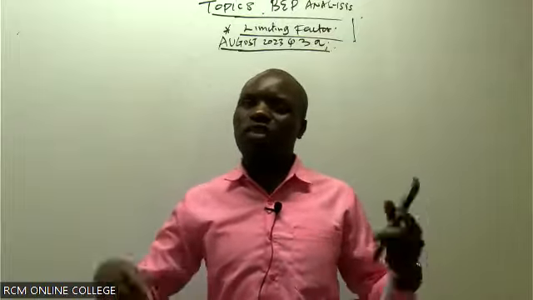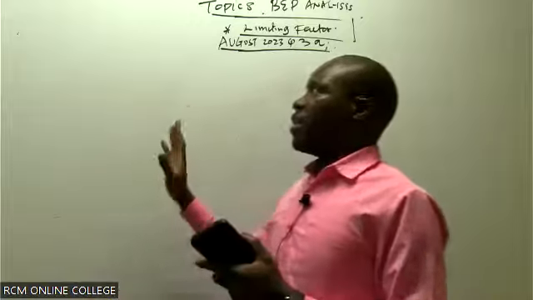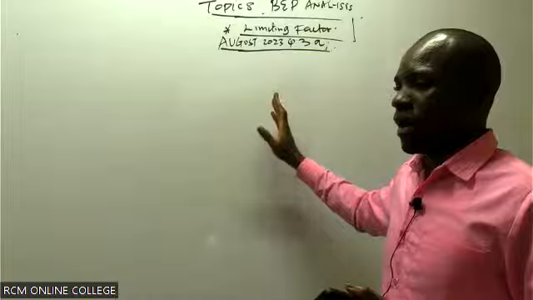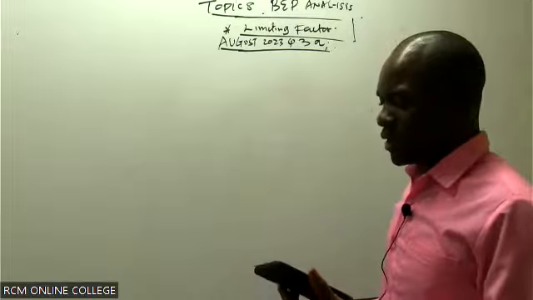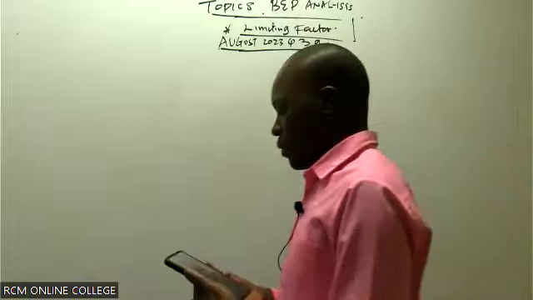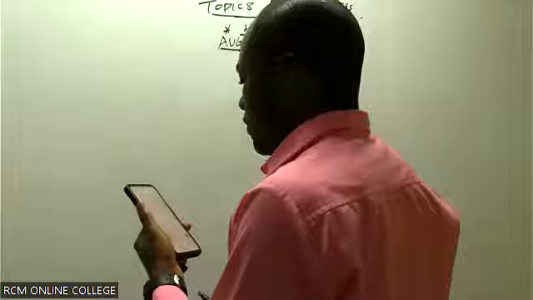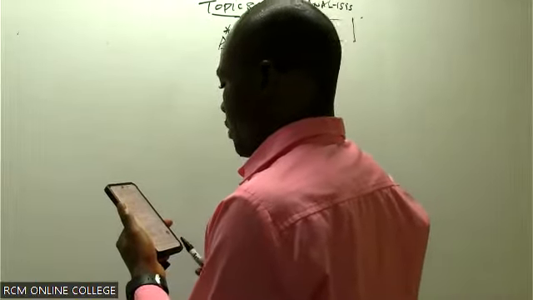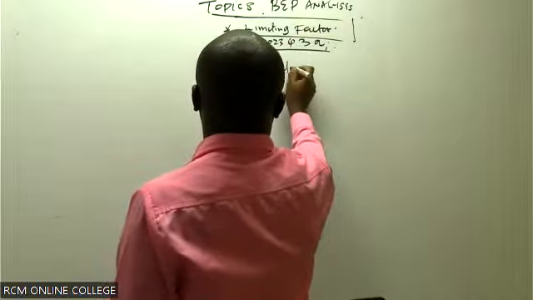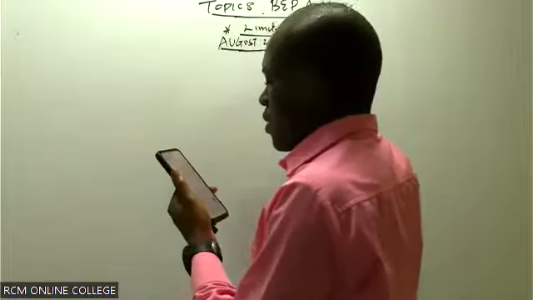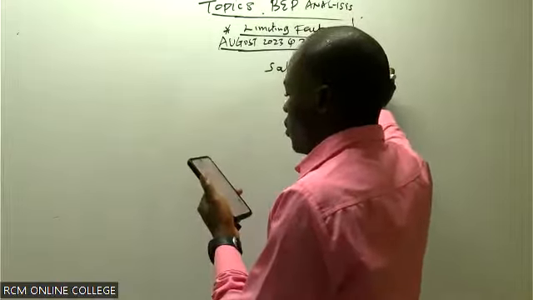That's what we have all about the limiting factor. You can frame it in your own language, but basically we are going to see how the limiting factor operates. Having done that, as you can see here, we have these three services being offered: salon, gym, and barber shop.